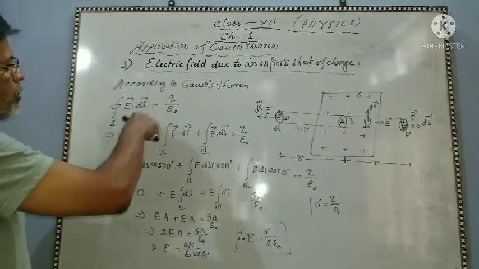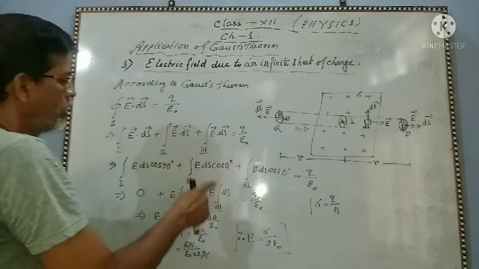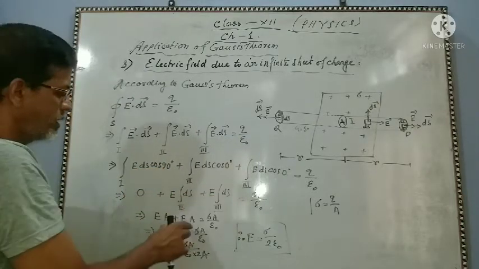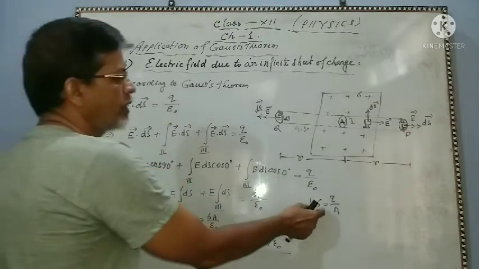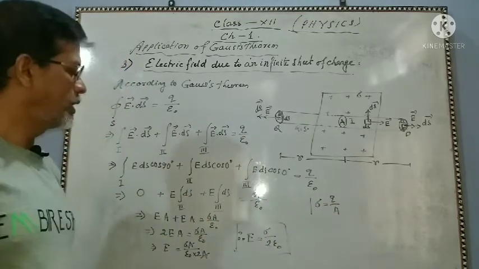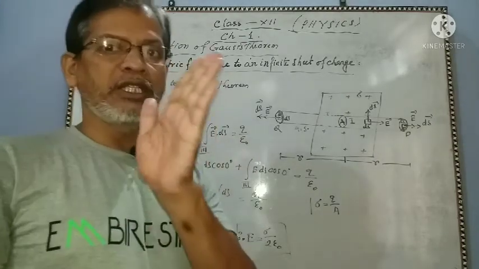Then use Gauss theorem, split into three parts. Cos 0 is 1, and cos 90 is 0. Also sigma equals q by A, so q equals sigma A, and we get E equal to sigma by twice epsilon naught. This is for a sheet.